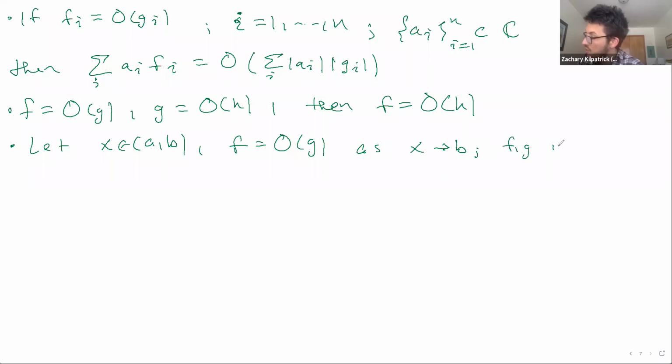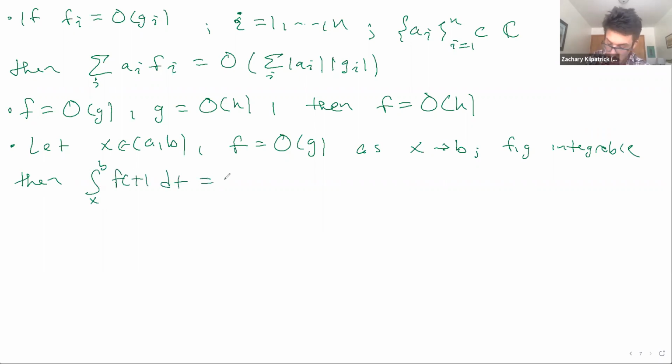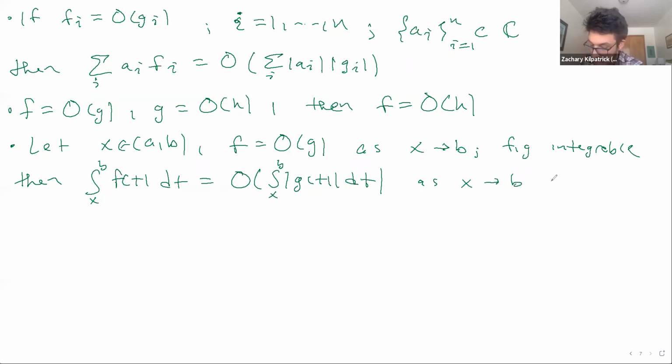And we say that f and g are integrable, then the integral from x up to b of f of t dt is equal to big O of the integral from x up to b of the magnitude of g of t dt, as x goes to b on (a, b), okay? All right, that's all the properties I'll list for now.